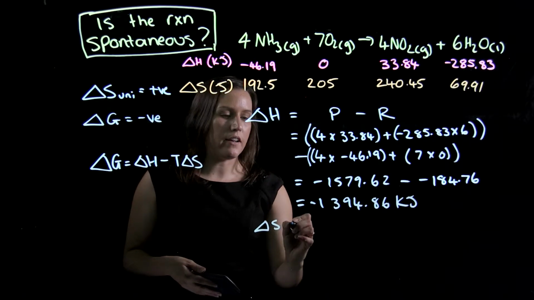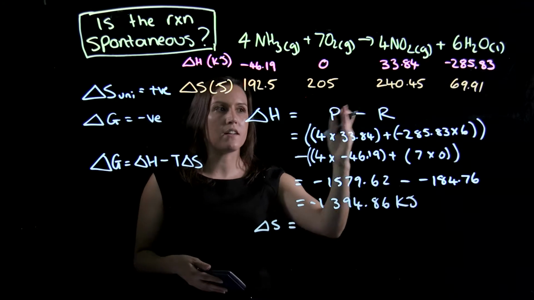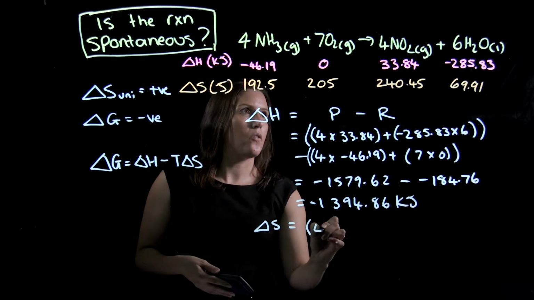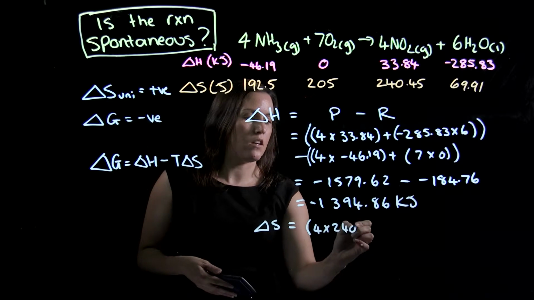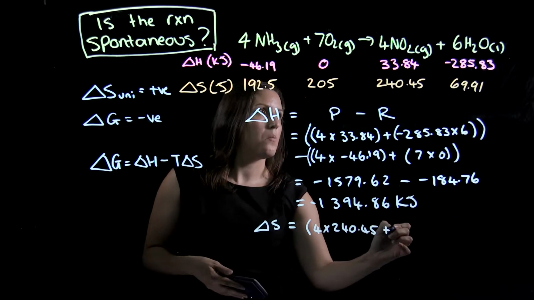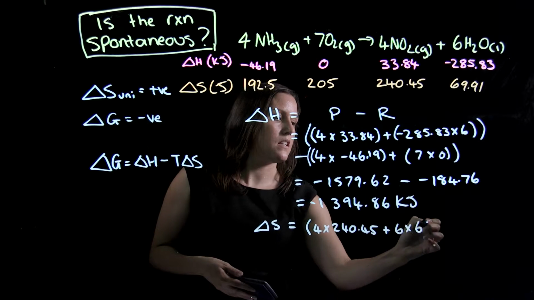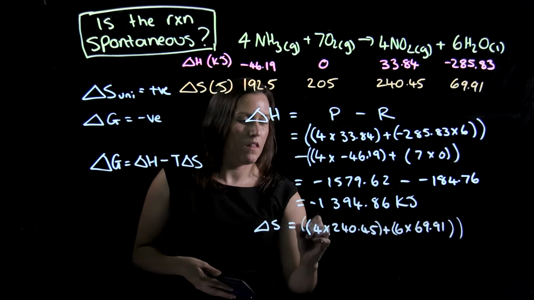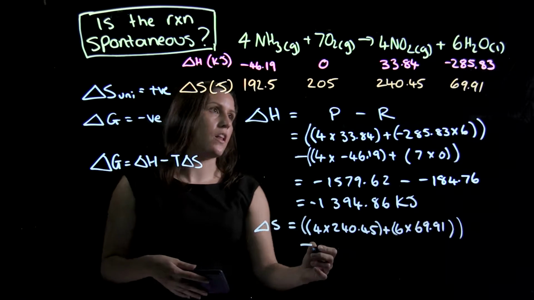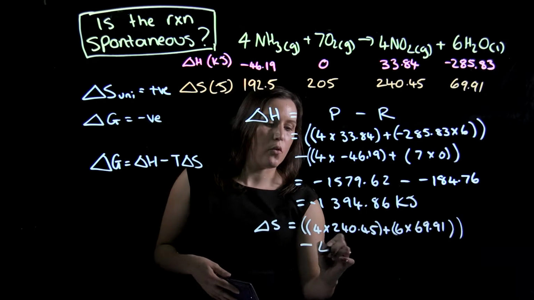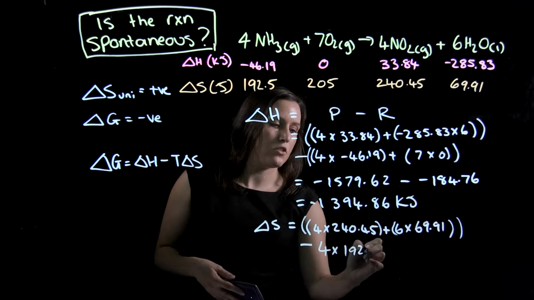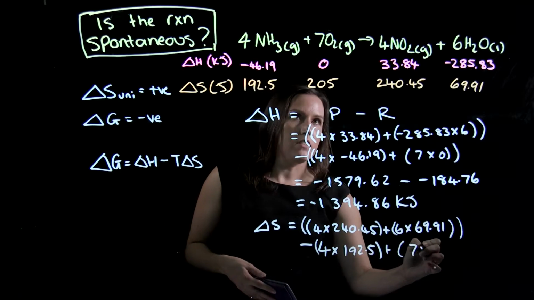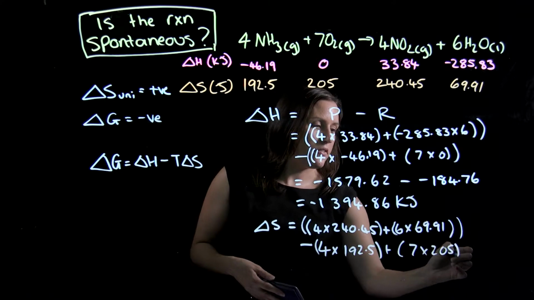Now if we calculate our delta S, again, products minus reactants, but now we're using our delta S values. We've got 4 times 240.45 plus 6 times 69.91. Again, I'll split it over 2 lines here. So we've got 4 times 192.5 plus 7 times 205.